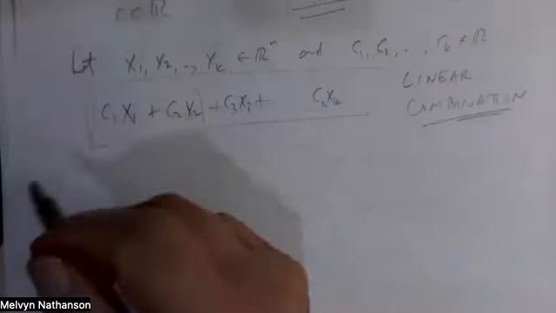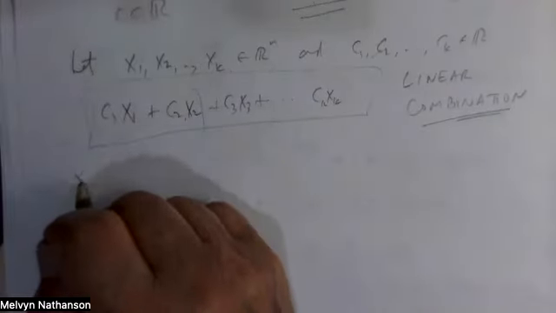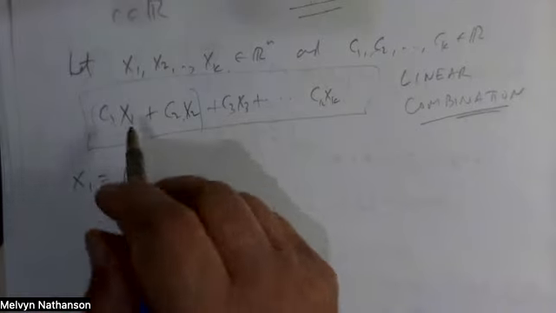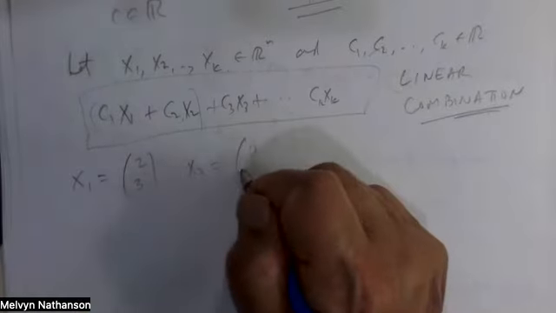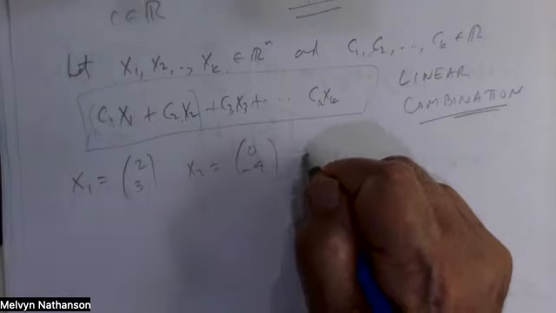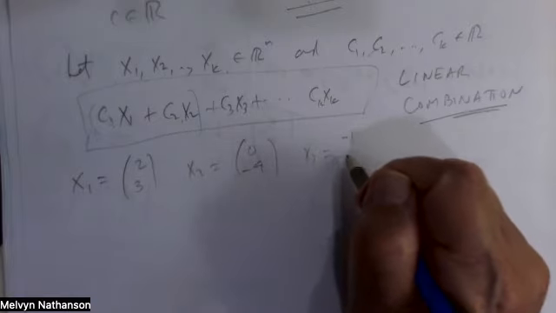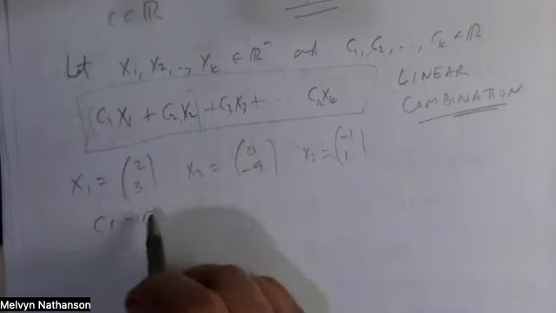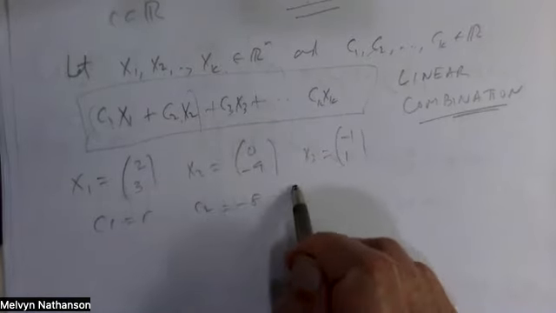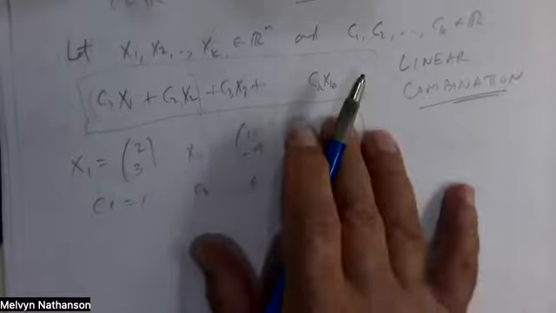So for example, in R2, if I had x1 equal the vector (2, 3), x2 the vector (0, -4), x3 the vector (-1, 1), and c1 equal 5, c2 equal -8, c3 equals 7.